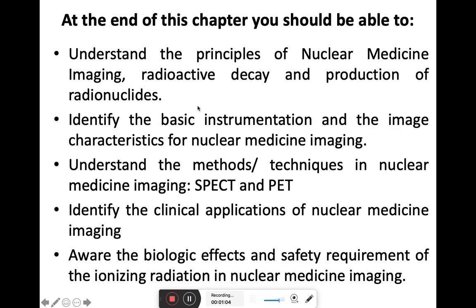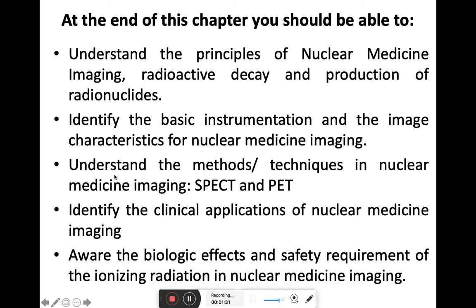As usual, it is expected that at the end of this lesson, you will be able to understand the principles of nuclear medicine imaging, the radioactive decay and the production of the radionuclides. You will then be able to identify the basic instrumentation and the image characteristics for nuclear medicine imaging.